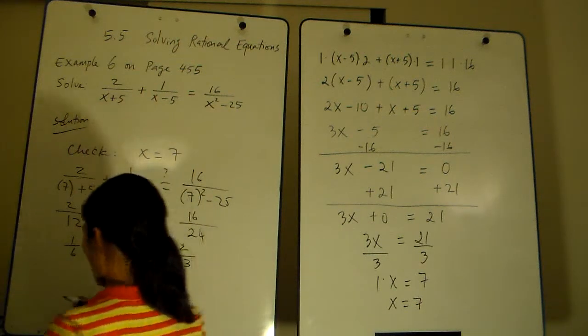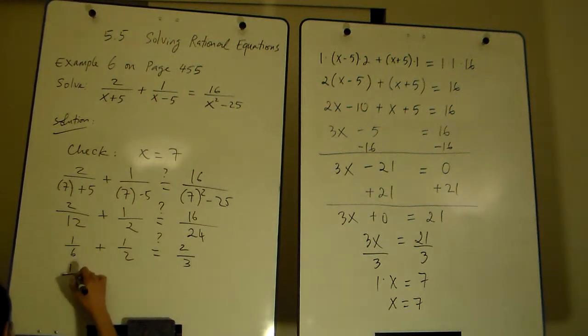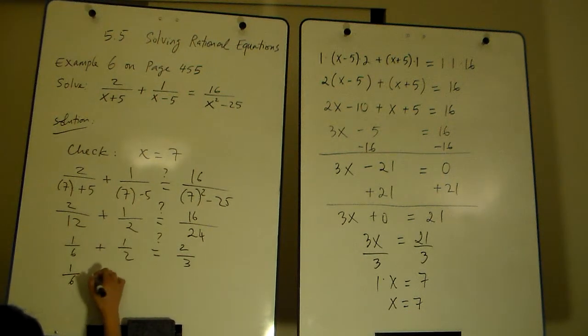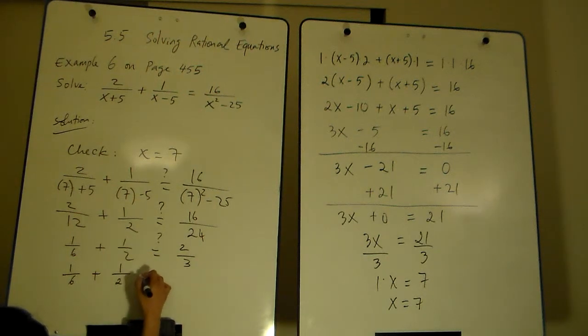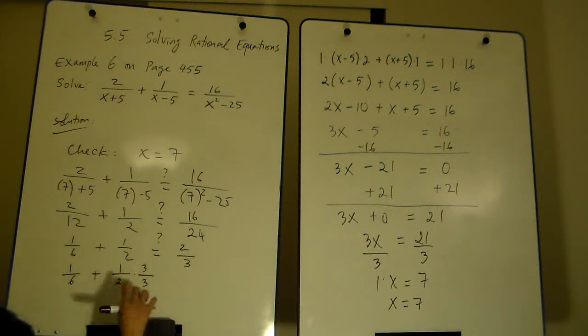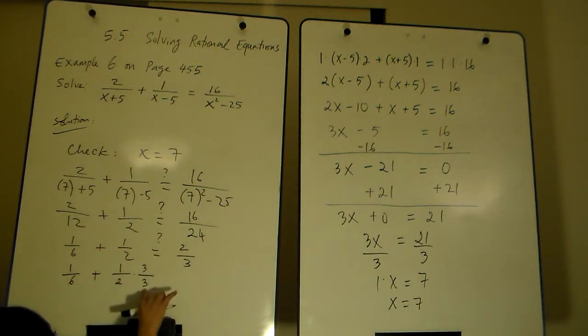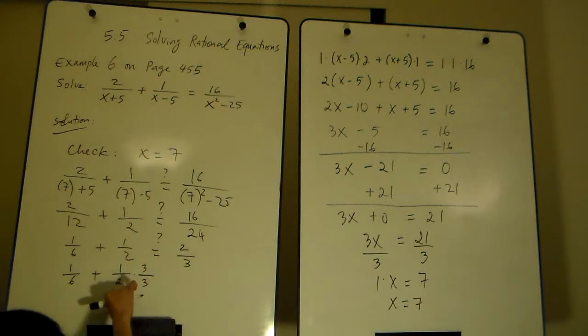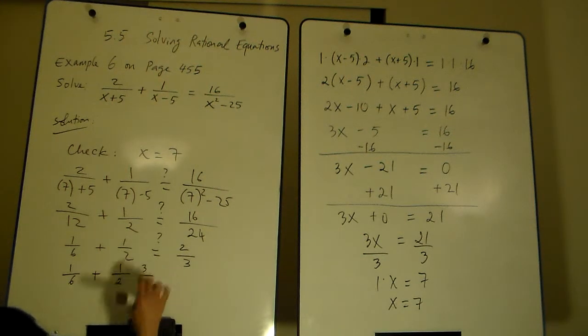So 1 over 6 already has the denominator 6, leave it as is. For this 1 half, I want to make the denominator 6, so I need to multiply by 3. 2 times 3 is 6, right? Once I multiply 3 to the denominator, I change the problem, so I need to multiply the numerator by 3 as well, so that I multiply by a factor of 1, because 3 divided by 3 is 1.